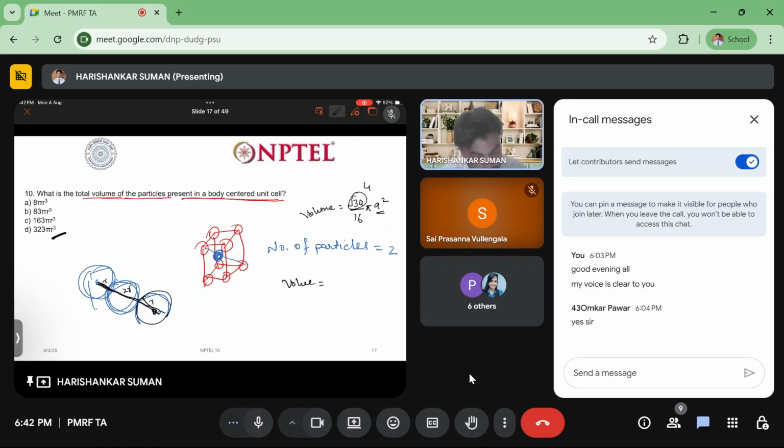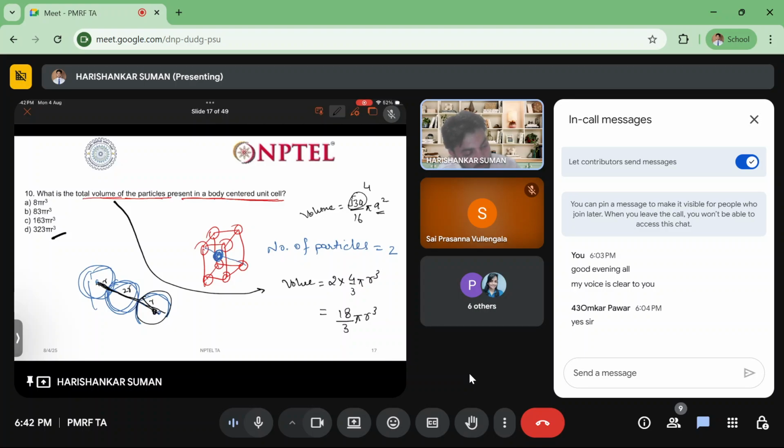Total volume of these 2 into... what is r here?